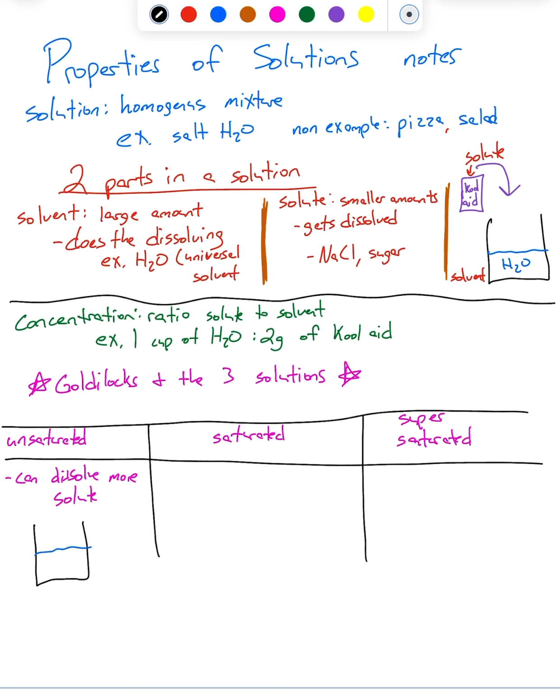If we were to zoom in and see this section, we would see not a ton of dissolved solute in the solvent. There wouldn't be a high concentration, low concentration over here.